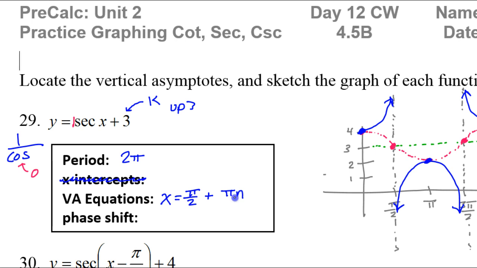Every time I add n pi, I get a different vertical asymptote. You have to mention that n is an integer, meaning it could be positive numbers or negative numbers, getting you the asymptotes that go to the left. There was no phase shift, so I'll just put none.